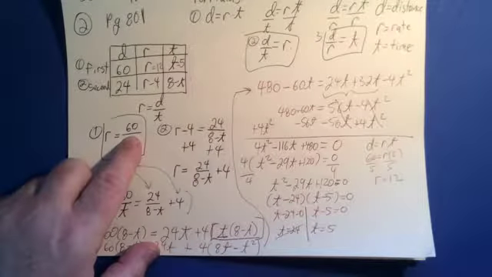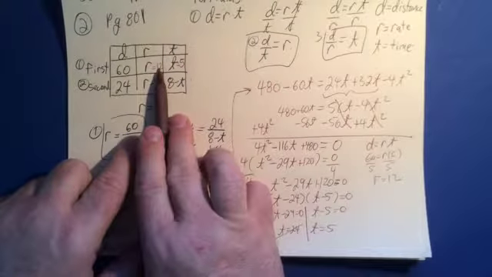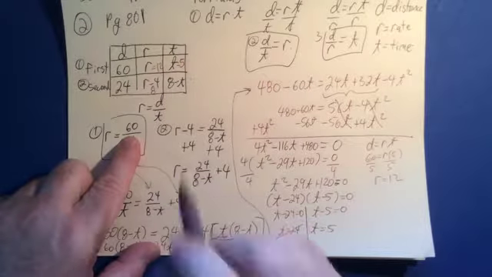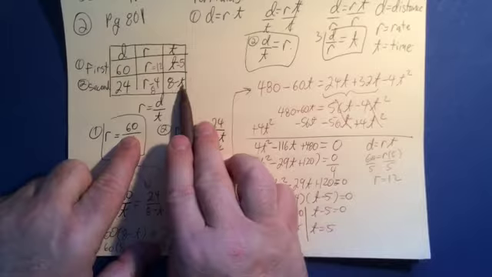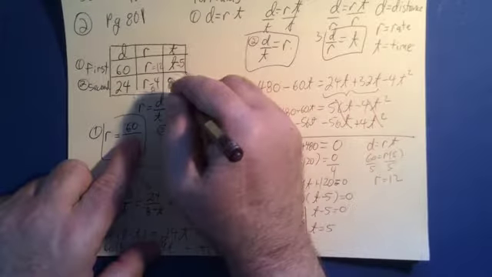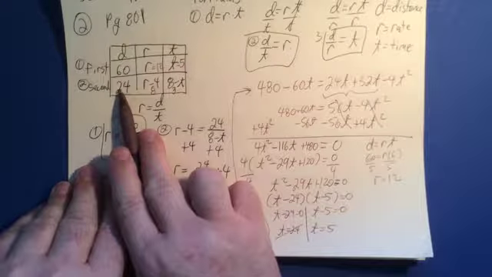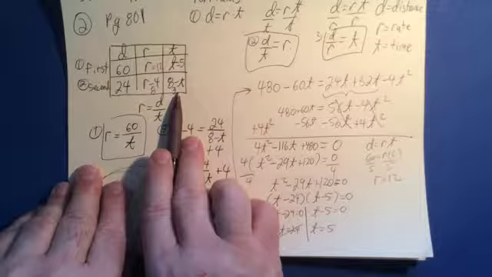Now, according to the table, we should generate the values. Let's see, if r is 12, 12 minus 4 should give us 8. And according to this part of the table, we could see that if t is 5, then 8 minus 5 should give us a value of 3. And if we know that distance equals rate times time, 24 should be equal to 8 times 3, and in fact, it is.